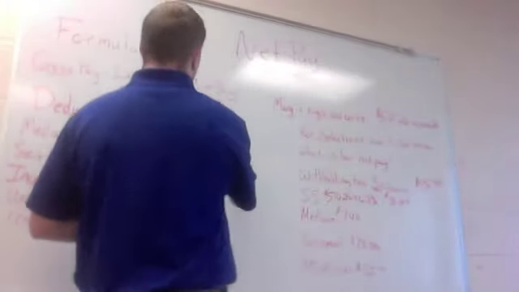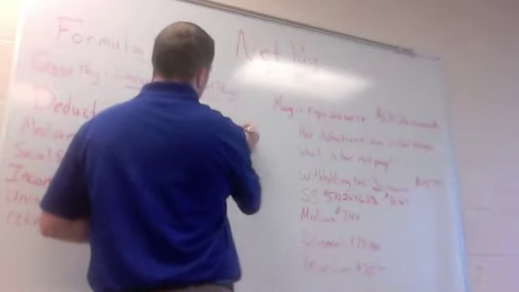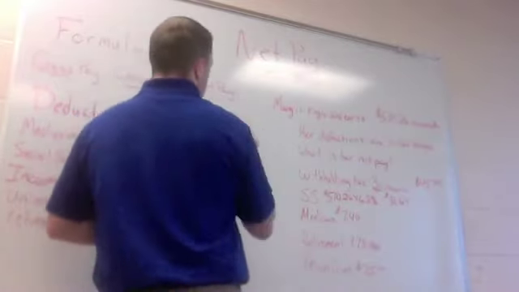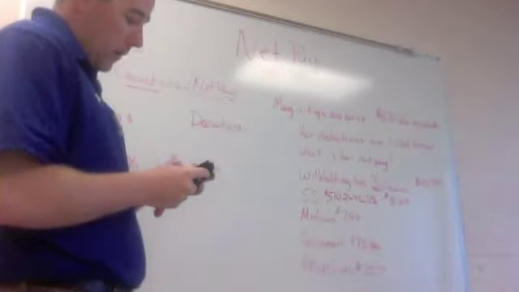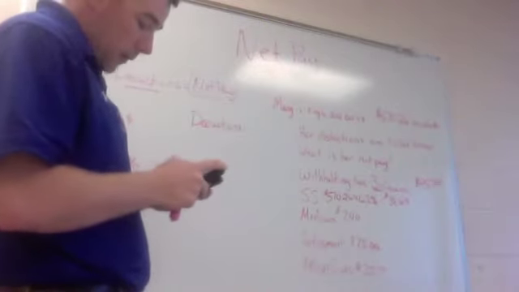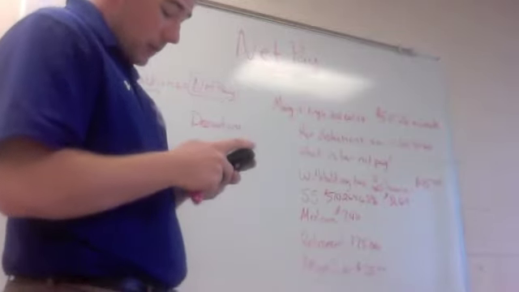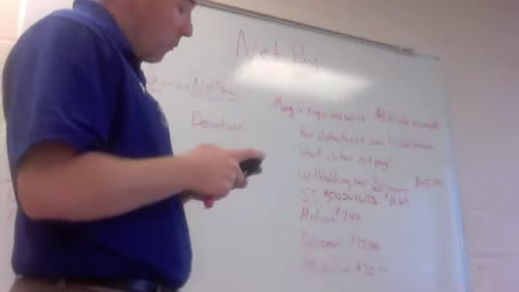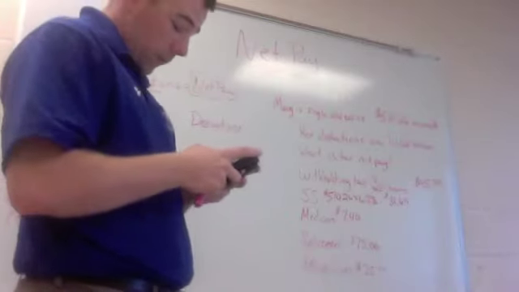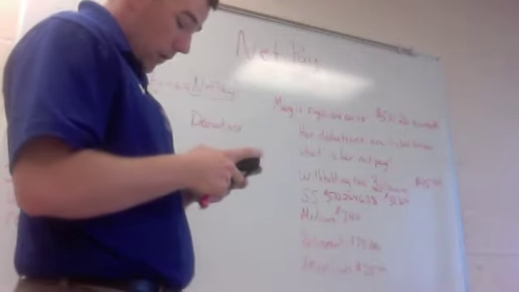So we're going to write deductions: 45 plus 31.64, plus my $7.40 for Medicare, plus my 75, plus my 25.